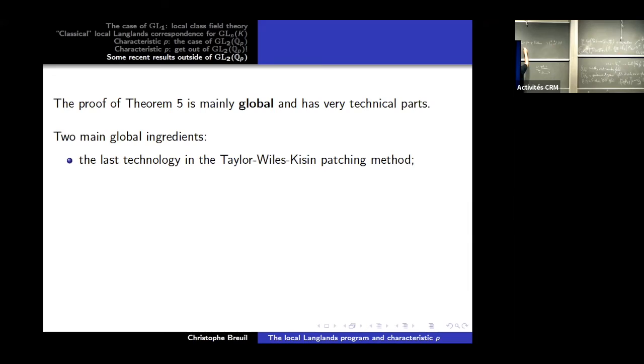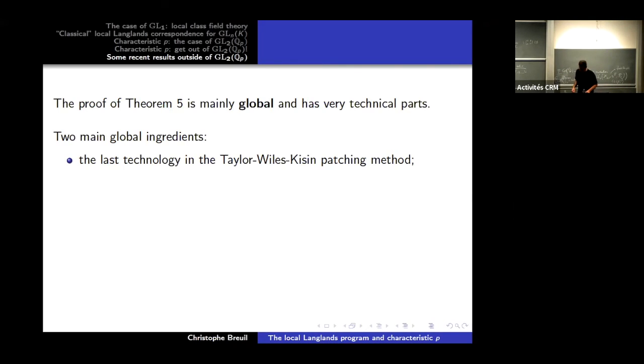Z1 is the center of I1. That's not very important. But anyway, this pi is actually self-dual.